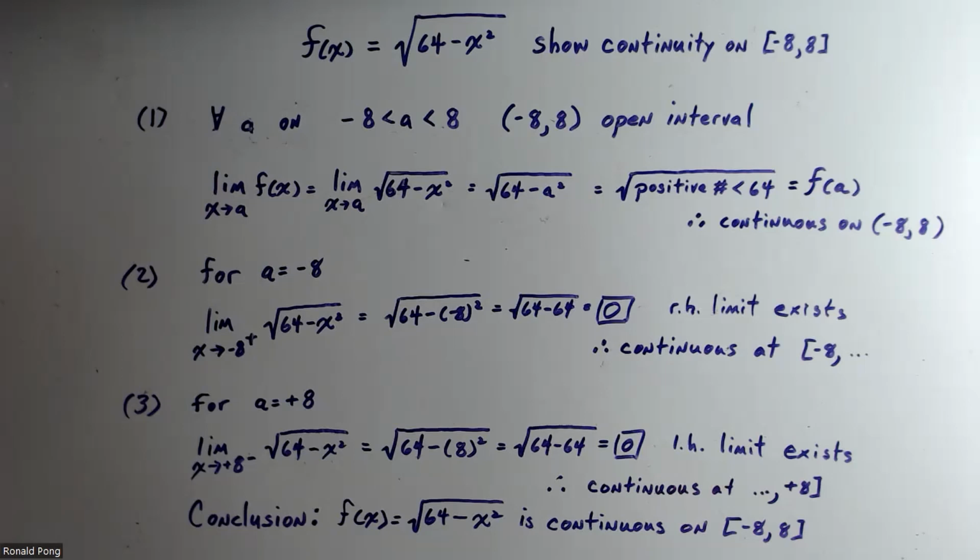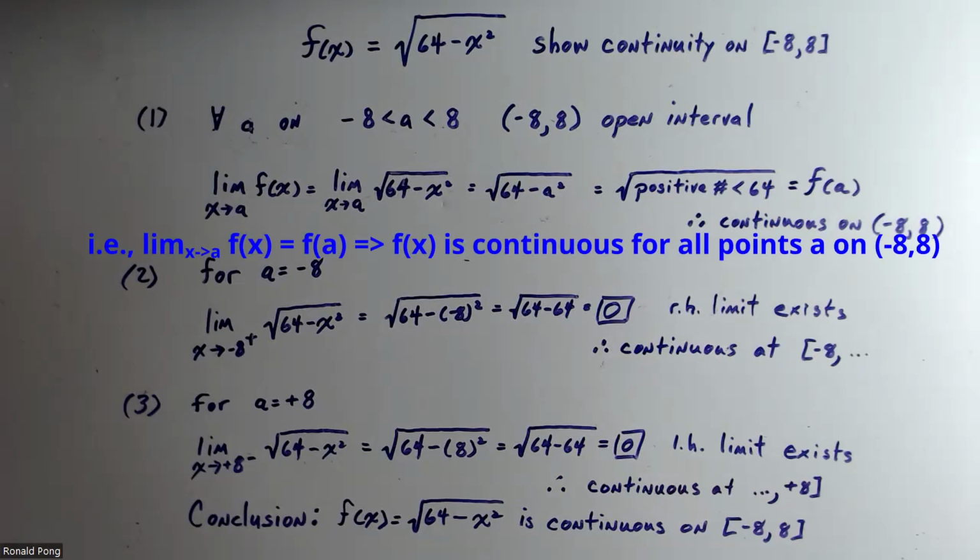And noting that a being greater than -8 or less than 8 results in the square root of a positive number less than 64, and that's fine as long as we have a positive value as a radicand, that equals f of a. And this proves in a very intuitive way that this function is indeed continuous on the open interval -8, 8.